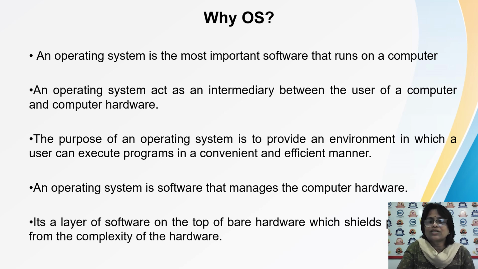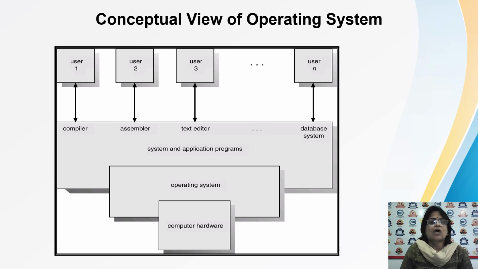This is the role of the operating system in any computer system. It can be explained with the help of this block diagram. As we can see in the diagram, at the lowest level is the computer hardware, and above it are the application programs, such as spreadsheets, word processors, compilers, and web browsers. They define the ways in which these resources are used to solve the computing problems of the users.